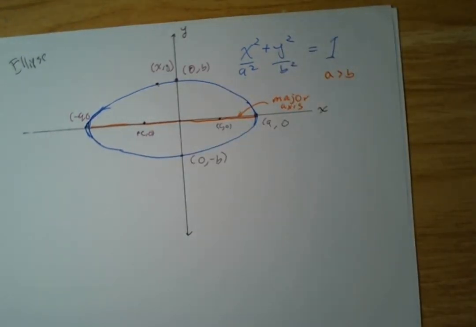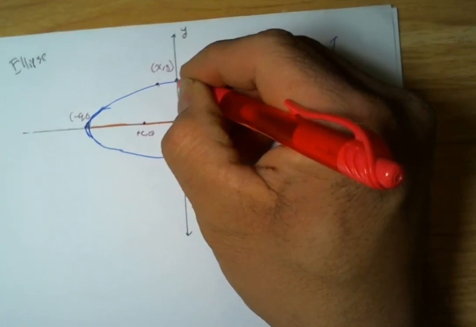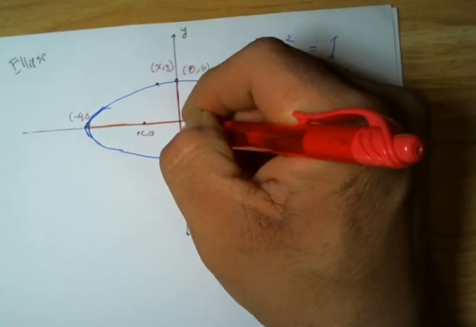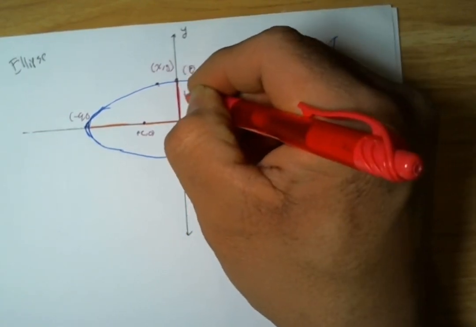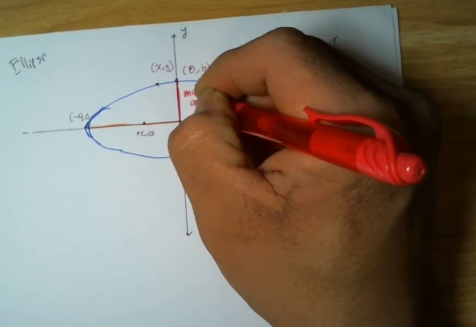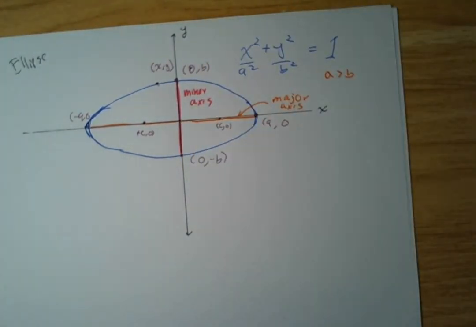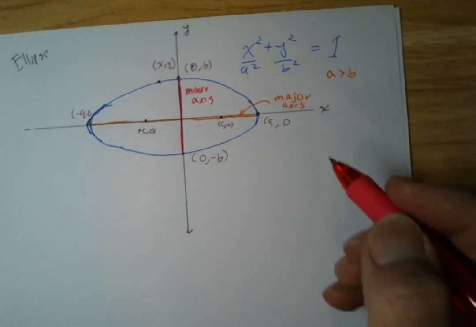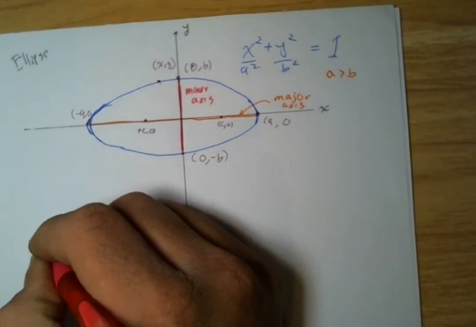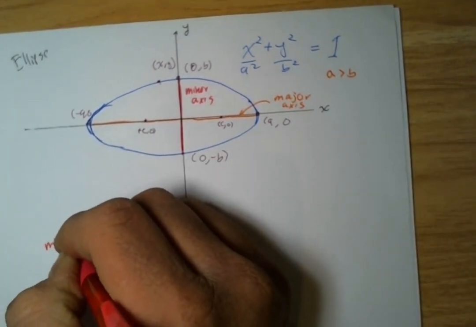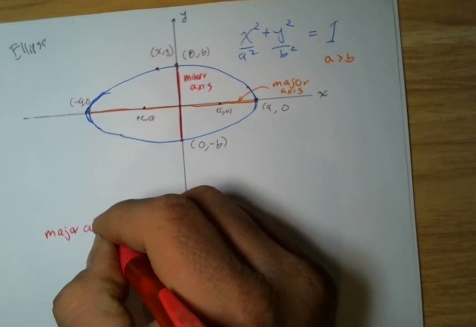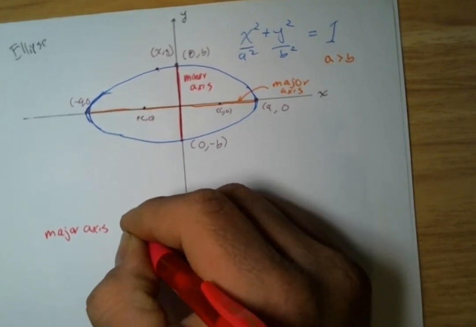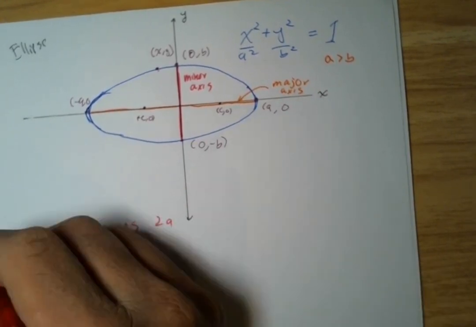And then this value, or this length here, this one is called the minor axis. Okay, and what we see here is that the length of the major axis is 2a.